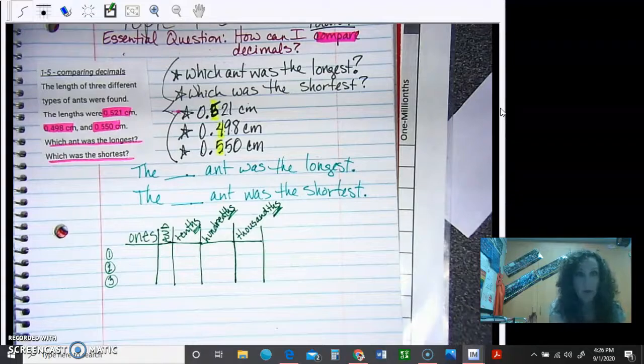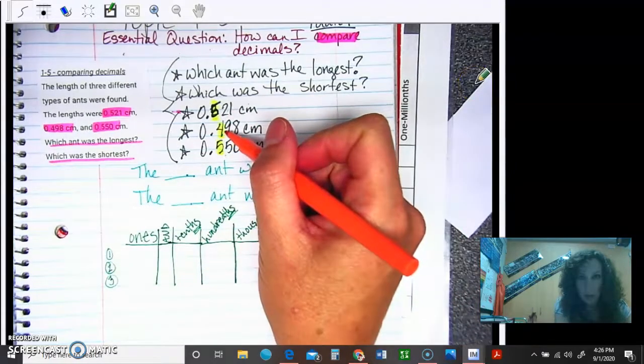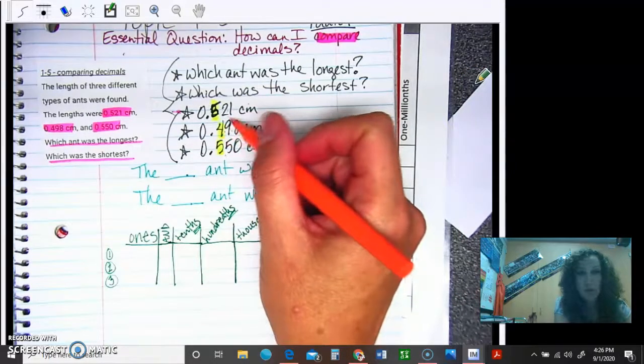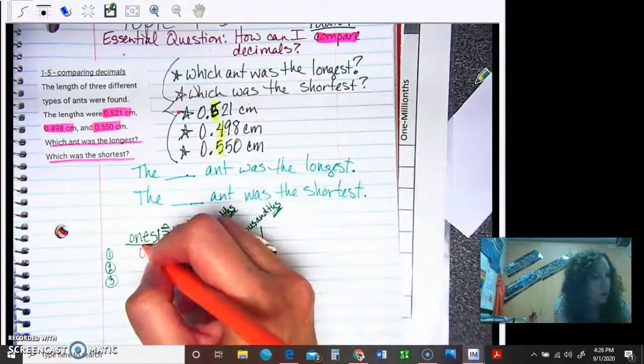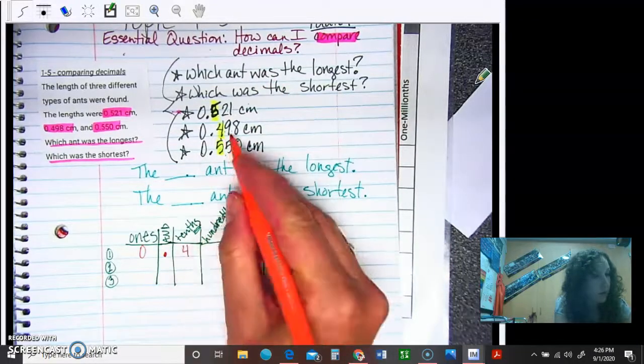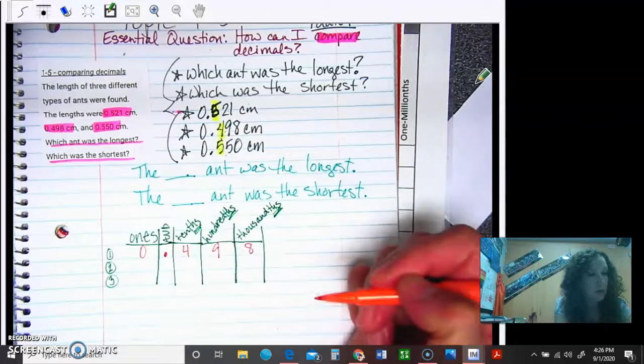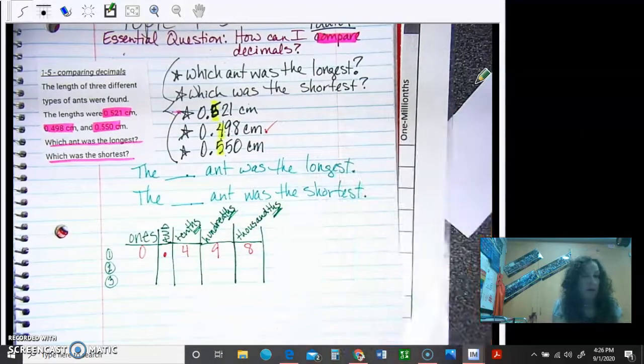The 4, right? So we're going to put that in our chart. This is obviously the smallest one because it starts with the smallest number. So 0.498. Okay, so I finished that one.